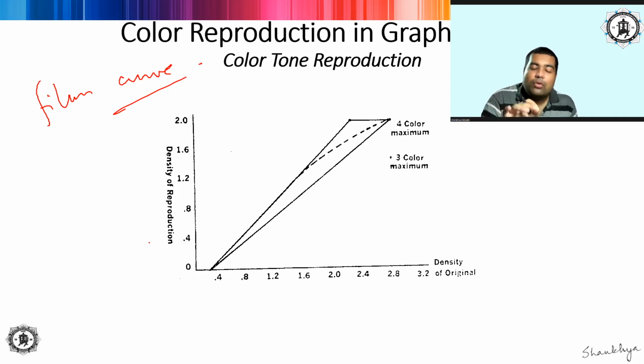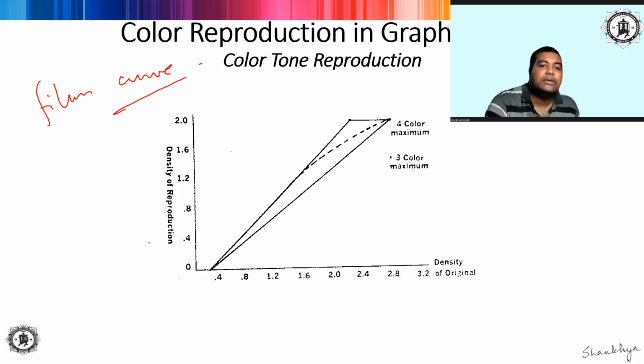So you have the printed sheet with you, and you also have the transparency from which the printed sheet has been prepared. Now you need to compare the minimum, the least possible density that is achievable in your printed reproduction, with respect to that of the original.